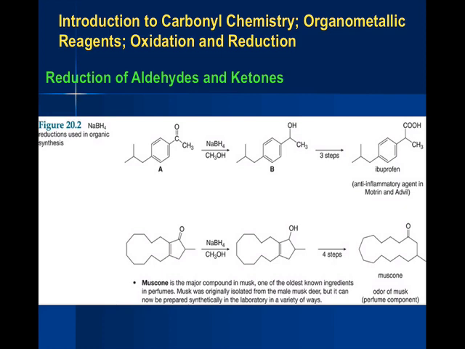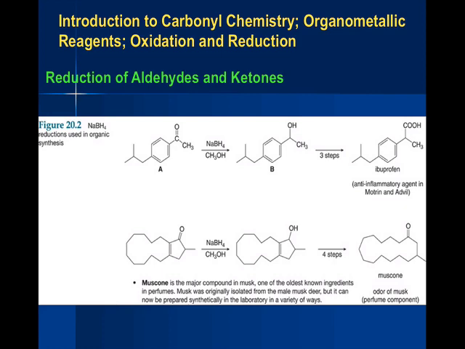This is a little different situation. So here we have a ketone reacting with sodium borohydride in the presence of methanol. Notice we've also got an alkene. Sodium borohydride does nothing to the alkene. It's very selective for the ketone. So we don't reduce the alkene in this particular case. We get the alcohol, and then through a few extra steps, they make muscone, which is actually a perfume component if you like musky types of colognes and perfumes.